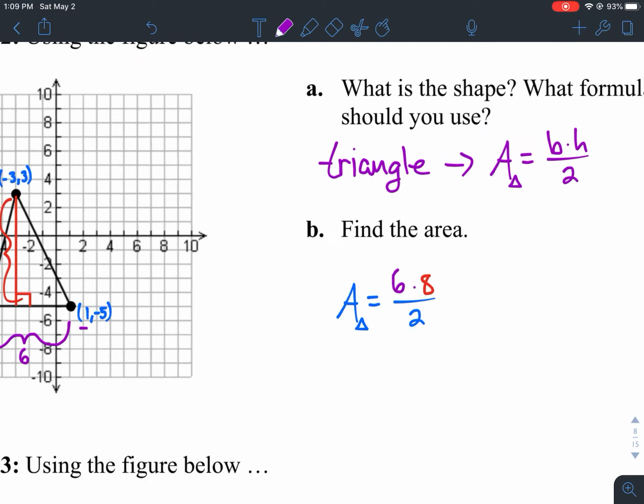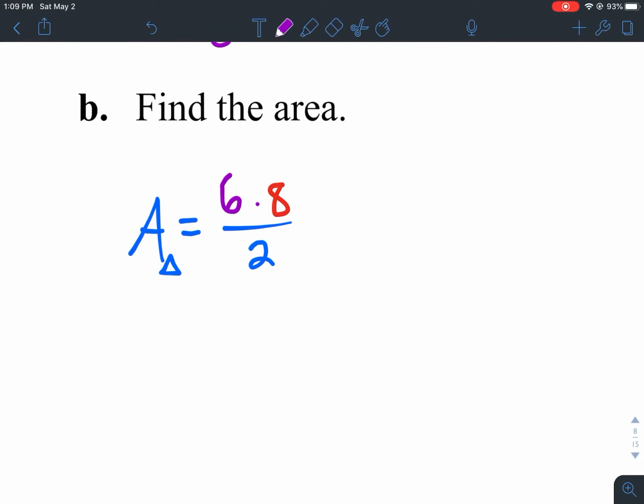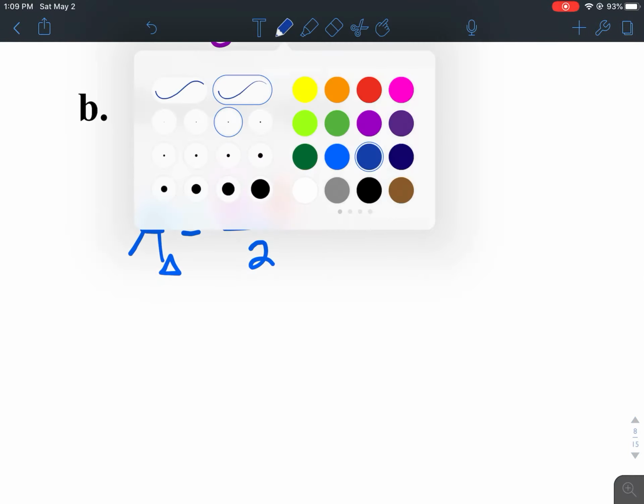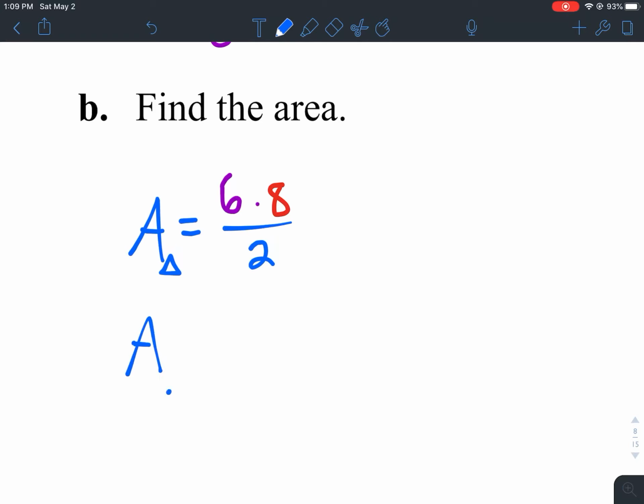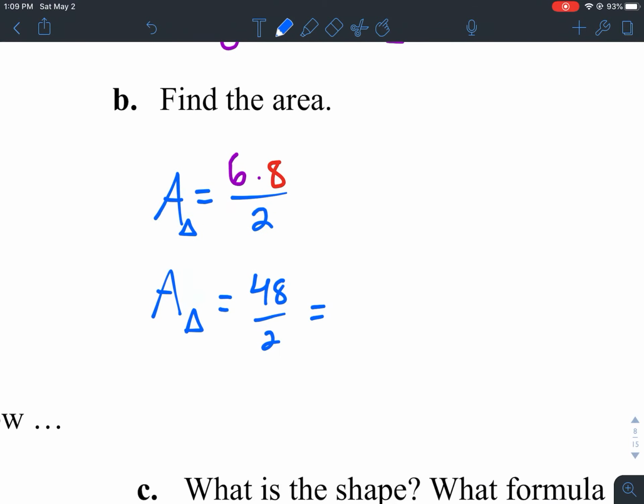So the area for this triangle is going to be base times height, which is 6 times 8, divided by 2. So area of the triangle is 48 divided by 2, which is 24 units squared.